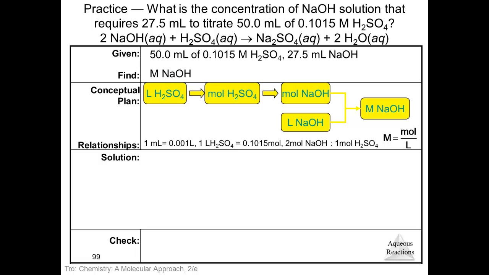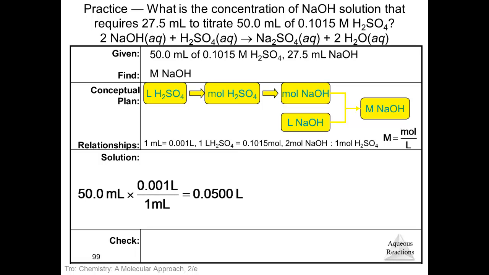We're given milliliters, but we want liters because molarity is always moles per liter. Once we have the volume of the sulfuric acid in liters, we can multiply by the molarity. The volume term will cancel out. We'll be left with moles of acid. We can relate that to moles of base, divide that by the volume of the base, and find the concentration of the base in moles per liter, or molarity.